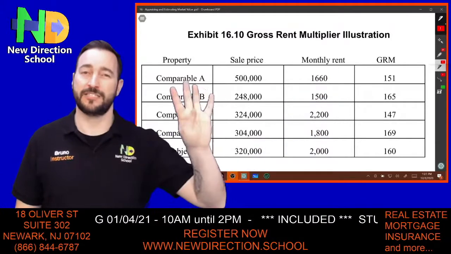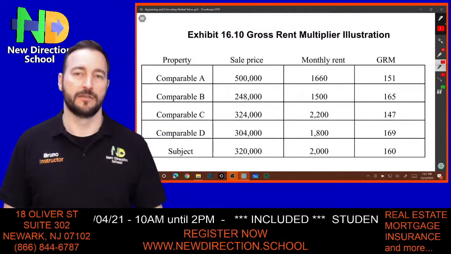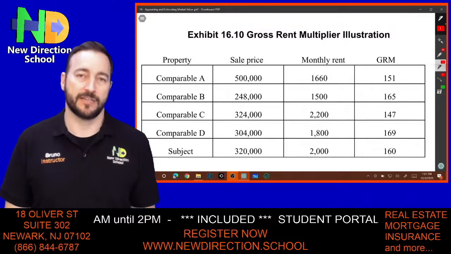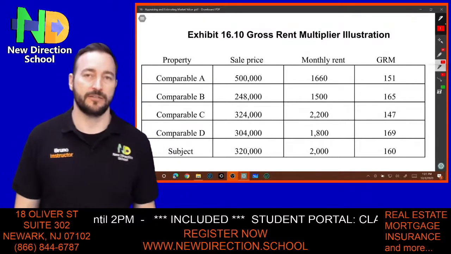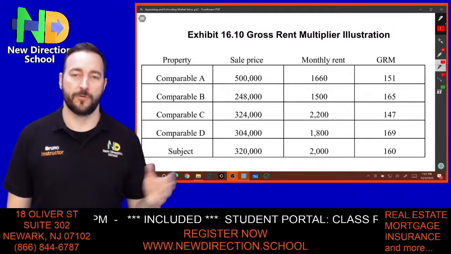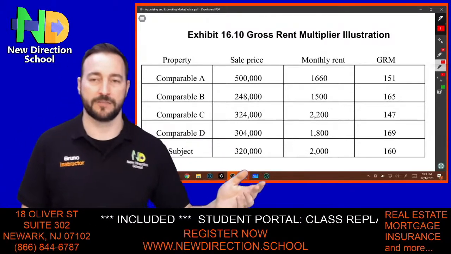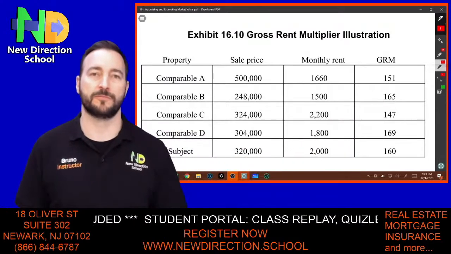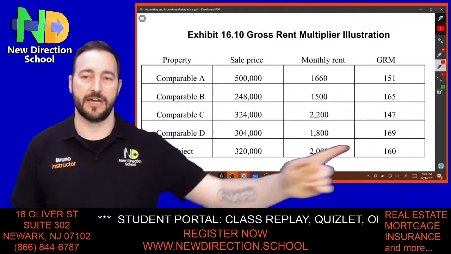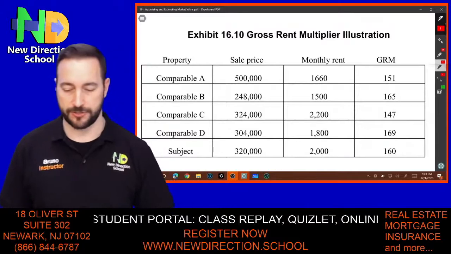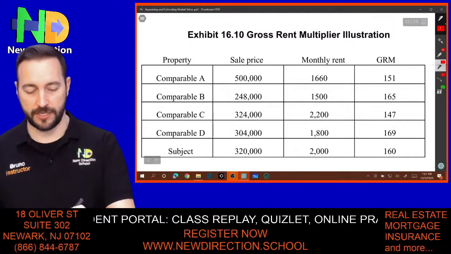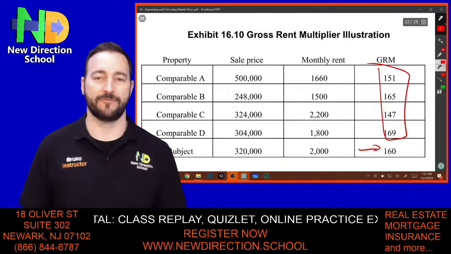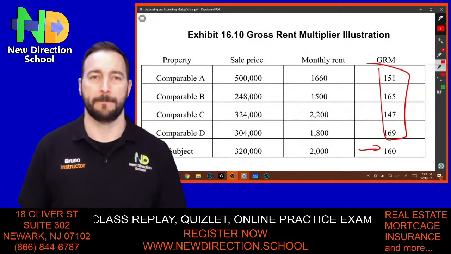Once we figure out at least 4 properties to compare to, it doesn't have to be all single family, because again, there are not many single families for rent in the area. But we're going to have to be as close to it as possible. What we need to do is figure out the gross rent multiplier in the area, and we figure out that the average of all of these is 160. That's the average GRM.